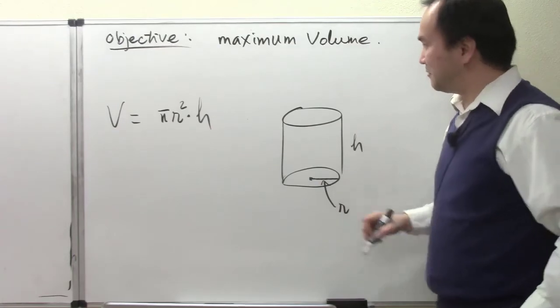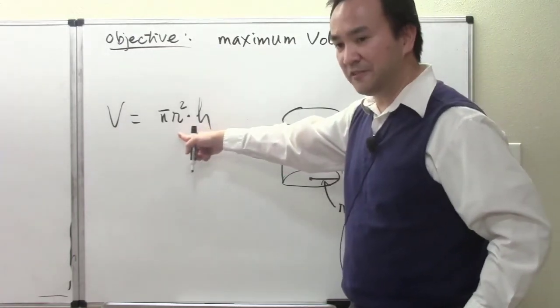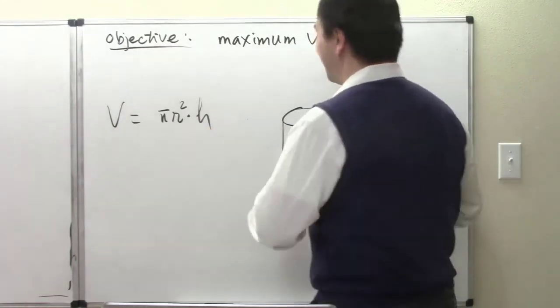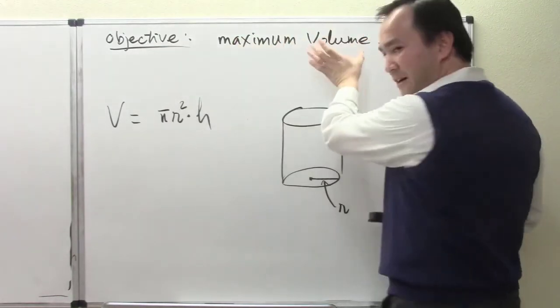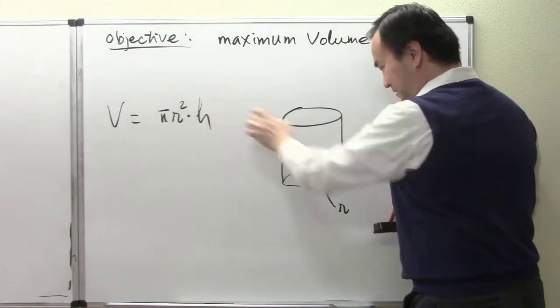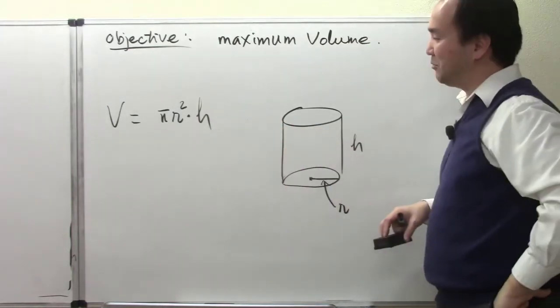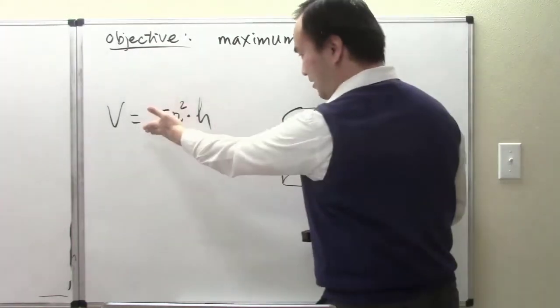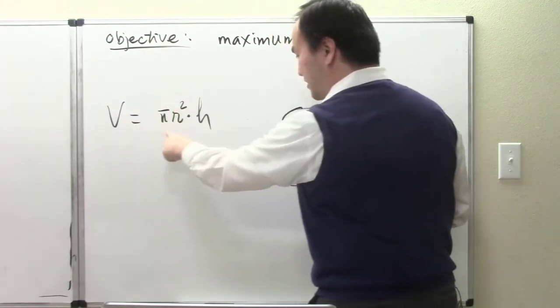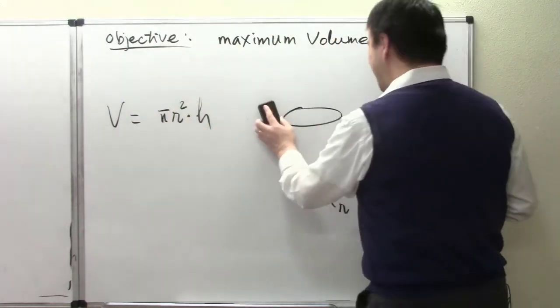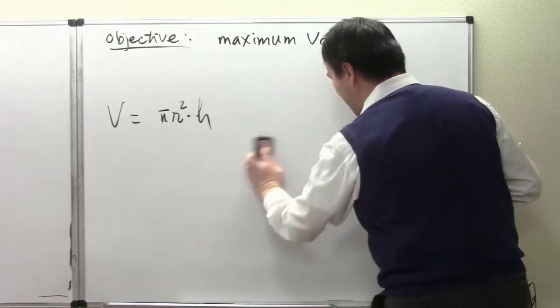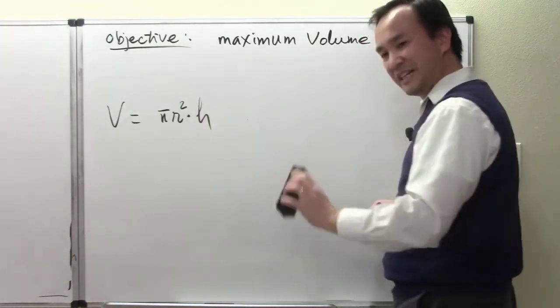Okay, so this is our objective function. There you go. We want the maximum volume, the volume of the cylinder right here. So you can recall for yourself that the volume of a cylinder is pi r squared times the height. Now allow me to erase this sketch because I want to sketch that together with the other information.